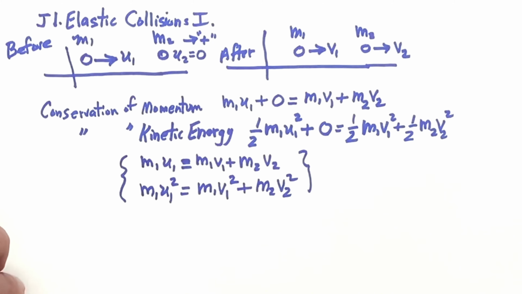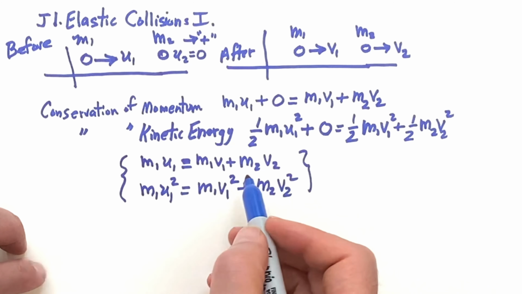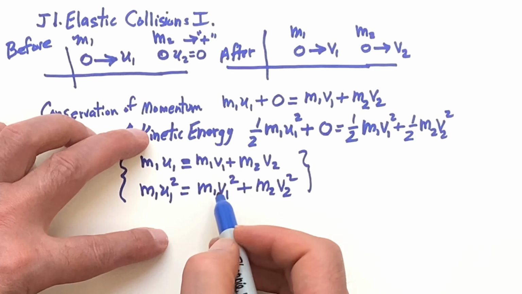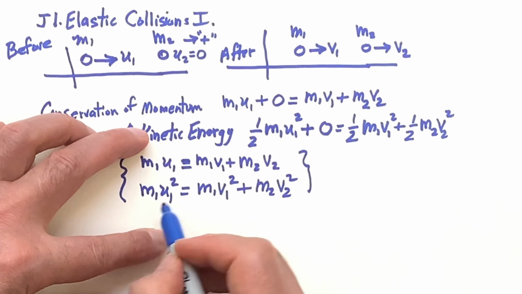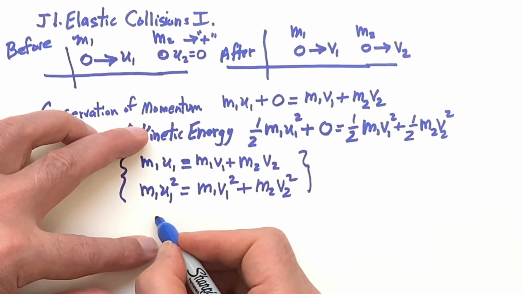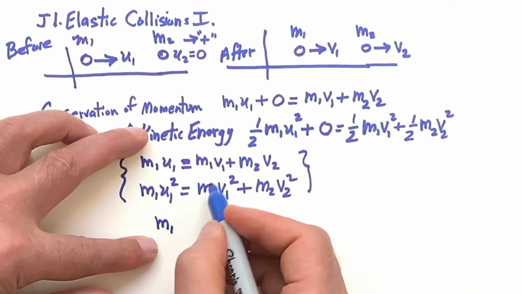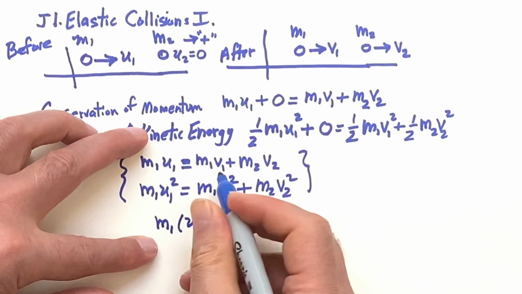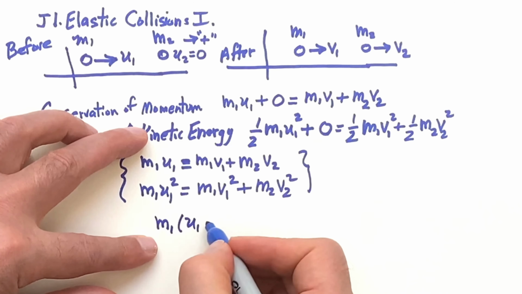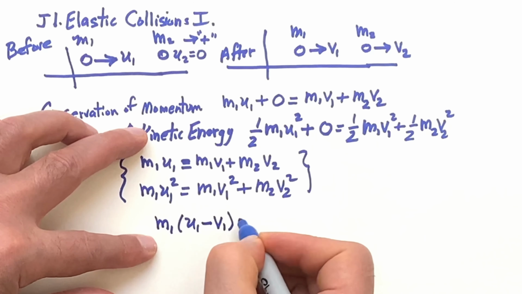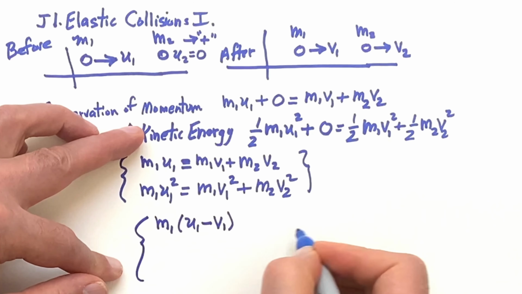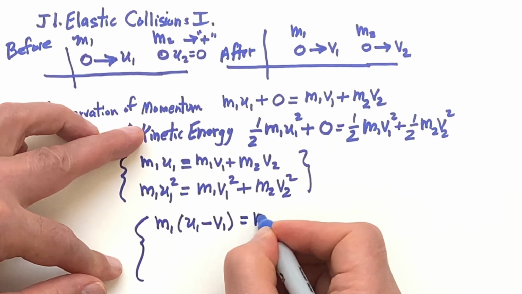So what I would like to do next is get the parameters with the 1 on the left-hand side of the equation. So I'm going to go here M1 U1 and subtract M1 V1. So that'll be on the left-hand side like this.